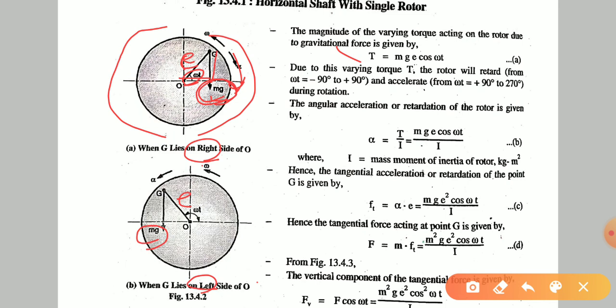The angular acceleration or retardation can be found from this equation: alpha is equal to T upon I, where I is the mass moment of inertia of the rotor. Hence, the tangential acceleration or retardation at the point G is given by Ft equal to alpha into E.